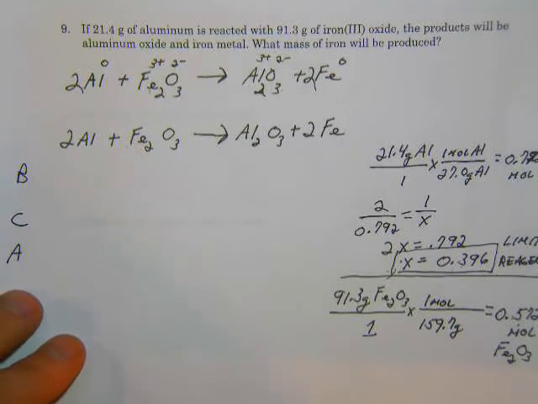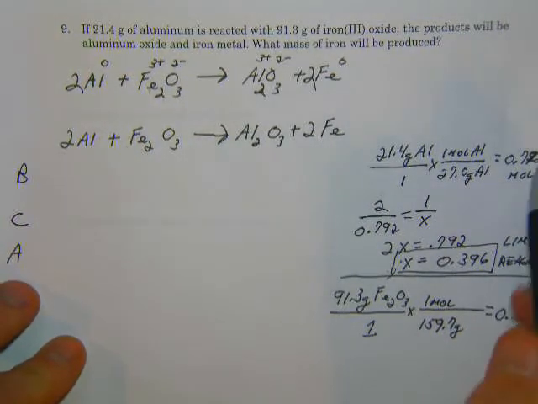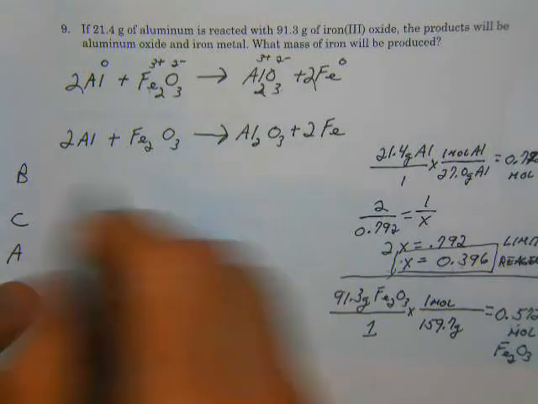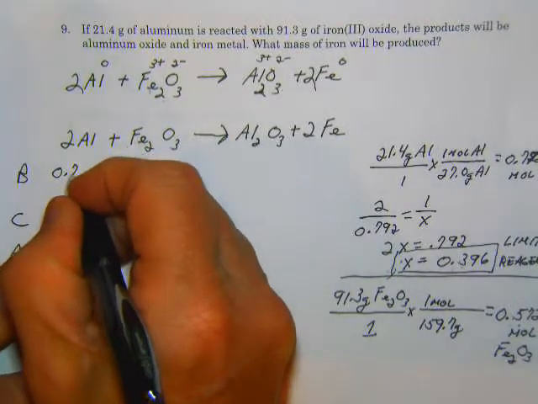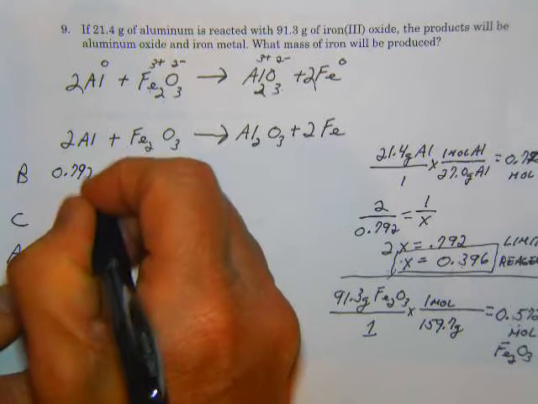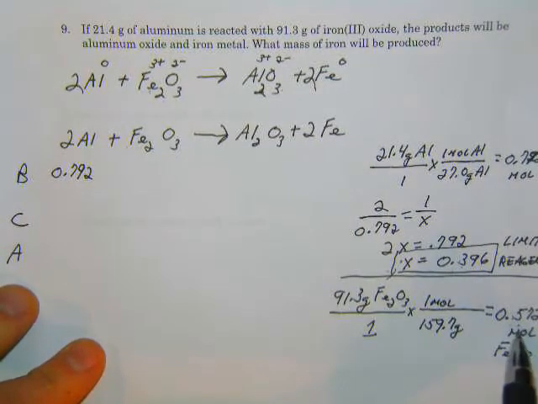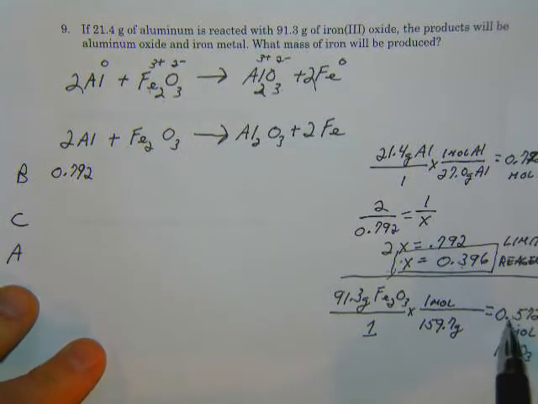So the before, we used 0.792. So we can go ahead and put that in there. So we have 0.792. Iron, we have, this is what we're given now.